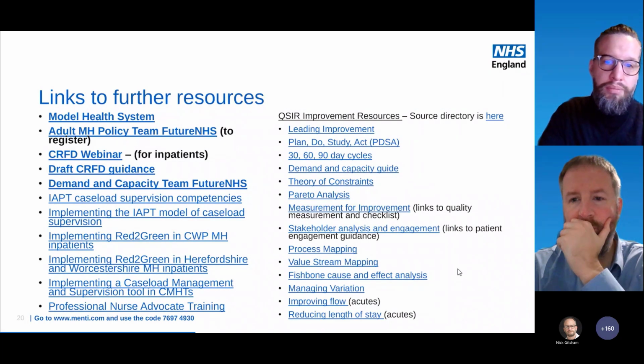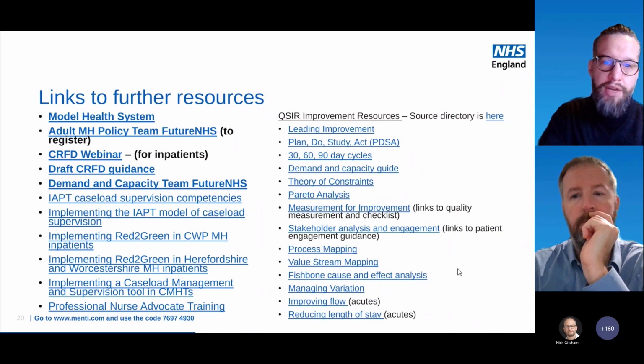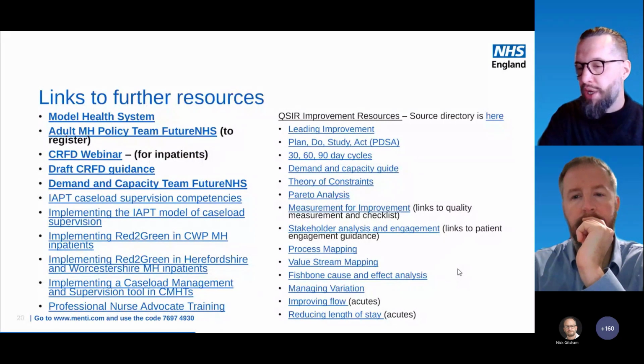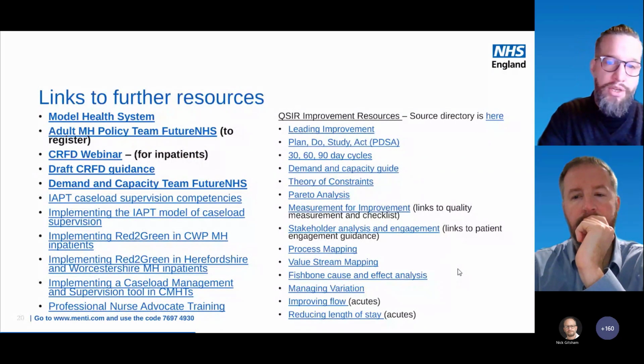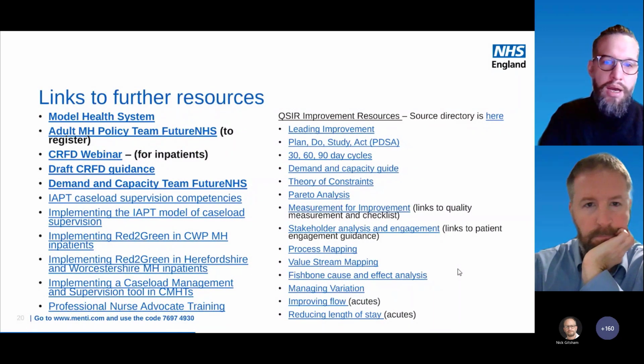There's also the adult policy team's Future NHS page, which now has the draft clinically ready for discharge guidance and webinar, which will be of interest for your work looking at inpatient flow. And we also have the 100-day discharge challenge.